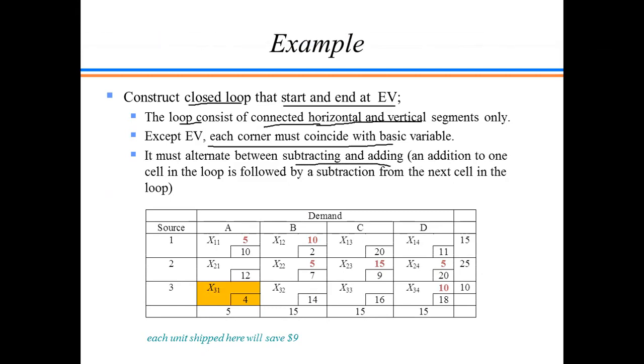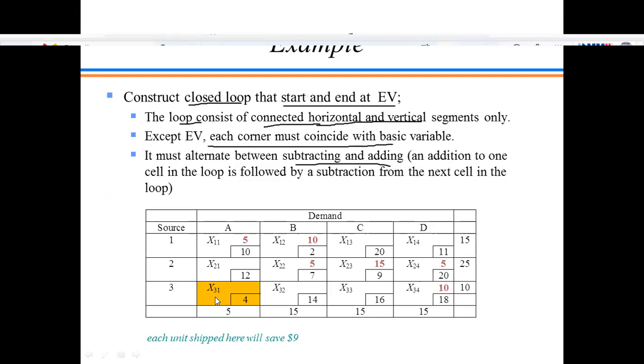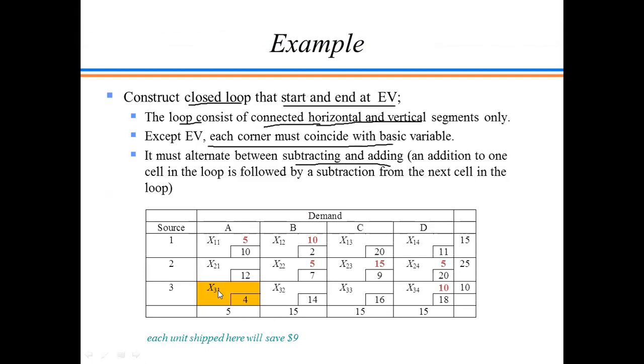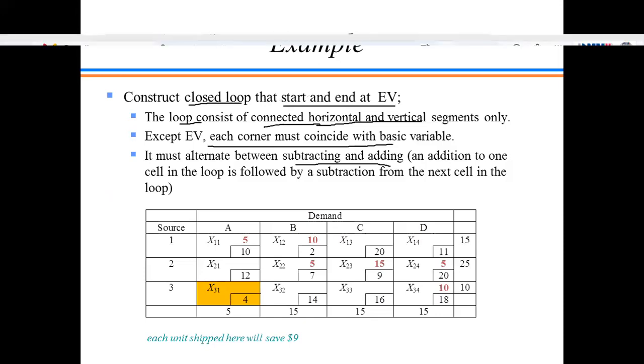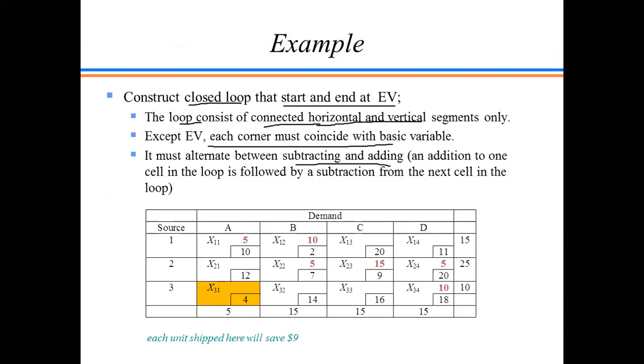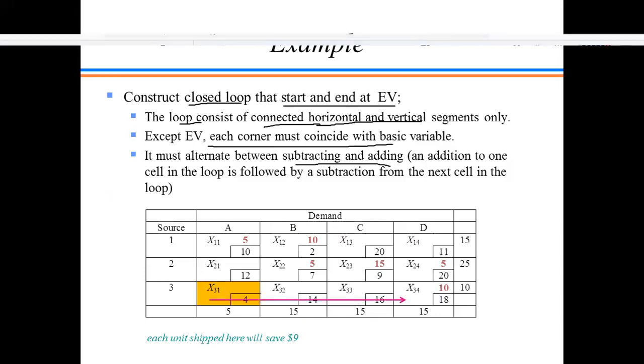Okay, so let's see here. In the previous one, we have identified the entering variable, which is x31, the yellow cell here. So now we will construct a closed loop from x31 and then end at x31 also. Remember, the line must be vertical or horizontal only. So from x31, move to x34.